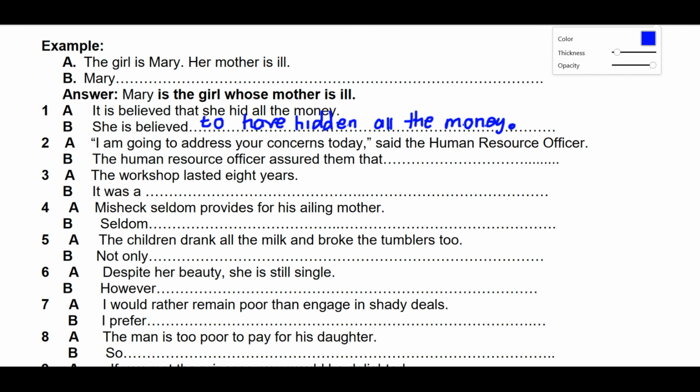So what are we going to change? I changes to he or she, depends. Am changes to was. Today will change to that day.